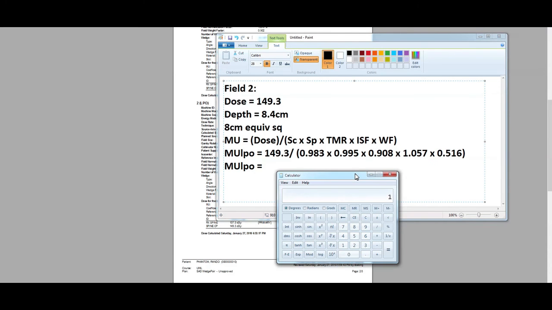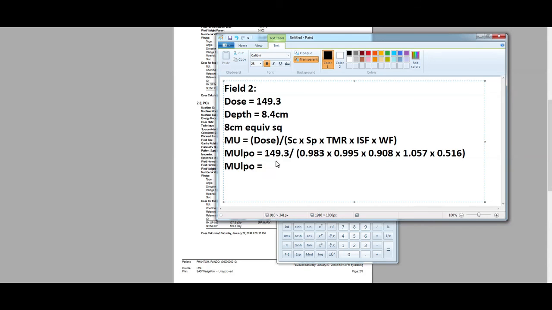If I crunch these monitor units, 149.3 divided by 0.983 times 0.995 times 0.908 times 1.057 times 0.516, I get 308.2.